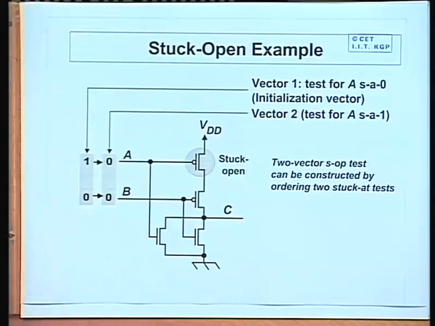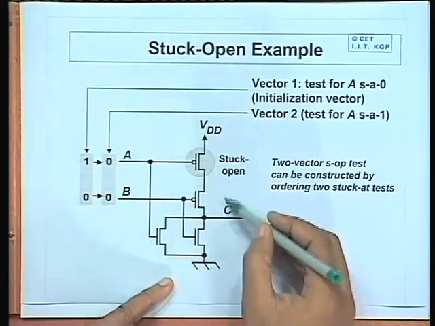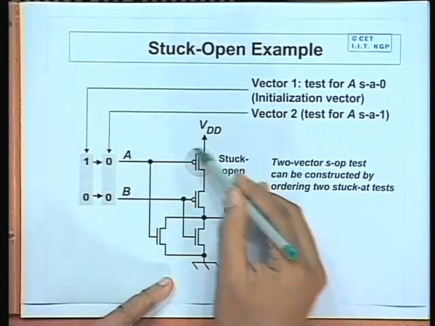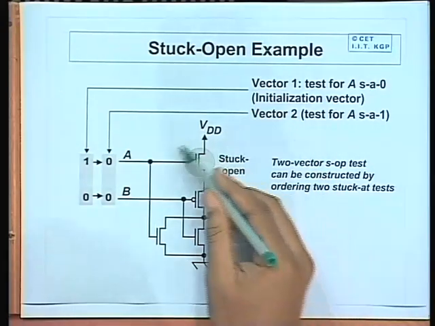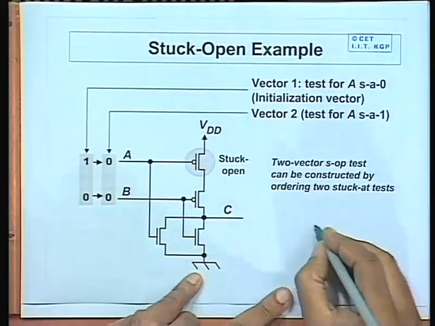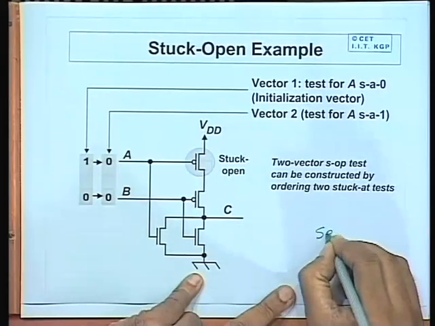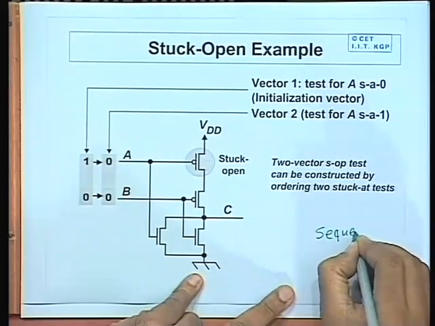First, we look at the transistor stuck open example. Before I explain this, let me tell you one thing: stuck open is interesting because this is an example of a 2-input NOR gate. A stuck open fault can make a combinational circuit exhibit sequential behavior.